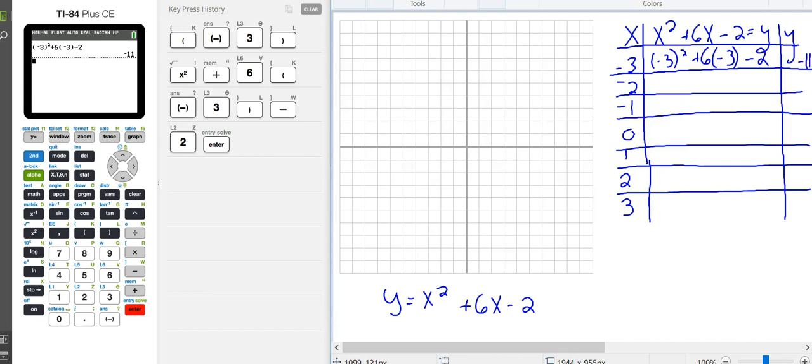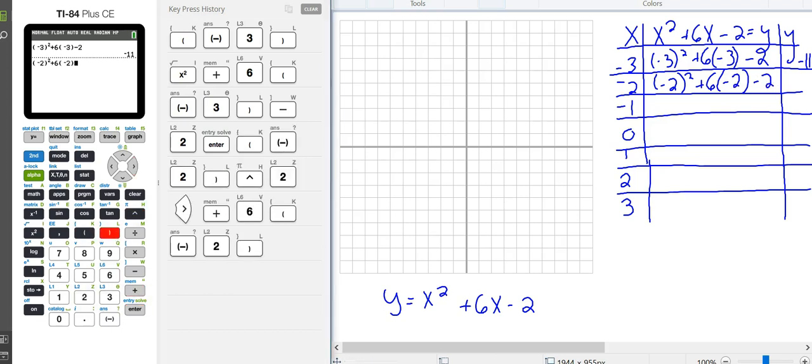Then you do the same thing for -2: (-2)² + 6 times -2 - 2, and punch the whole thing into the calculator. That's -10. You do the same thing for -1: (-1)² + 6 times -1 - 2. Now I'm just going to speed this up because it's going to take way too long if I write out each of them.